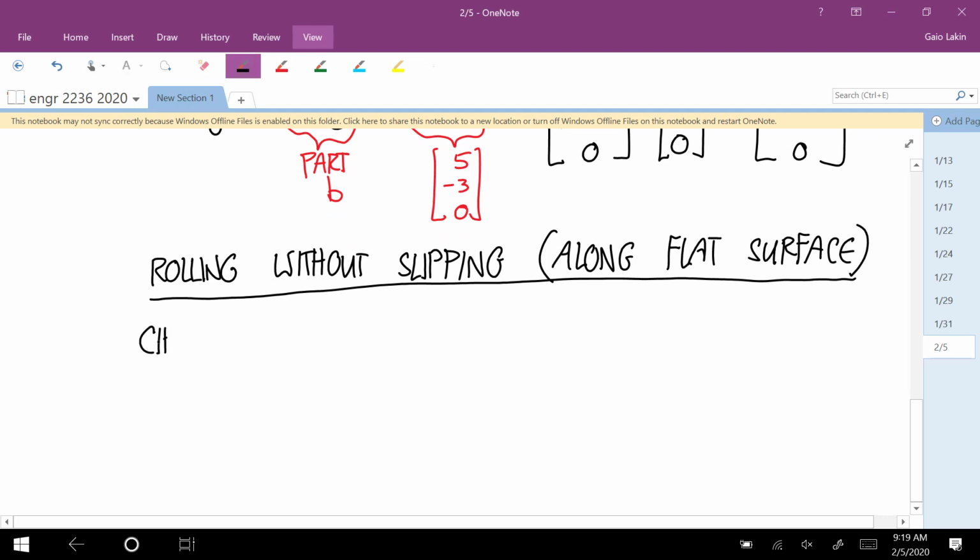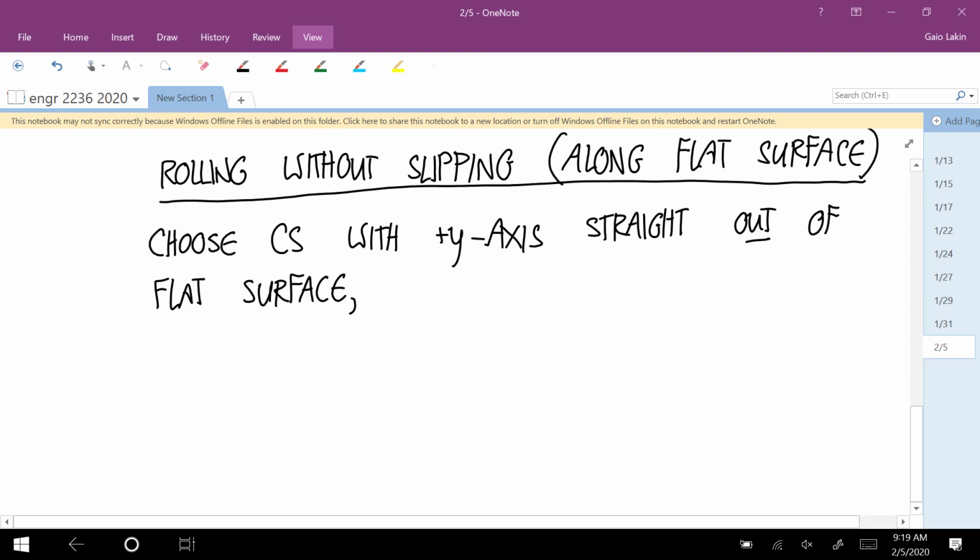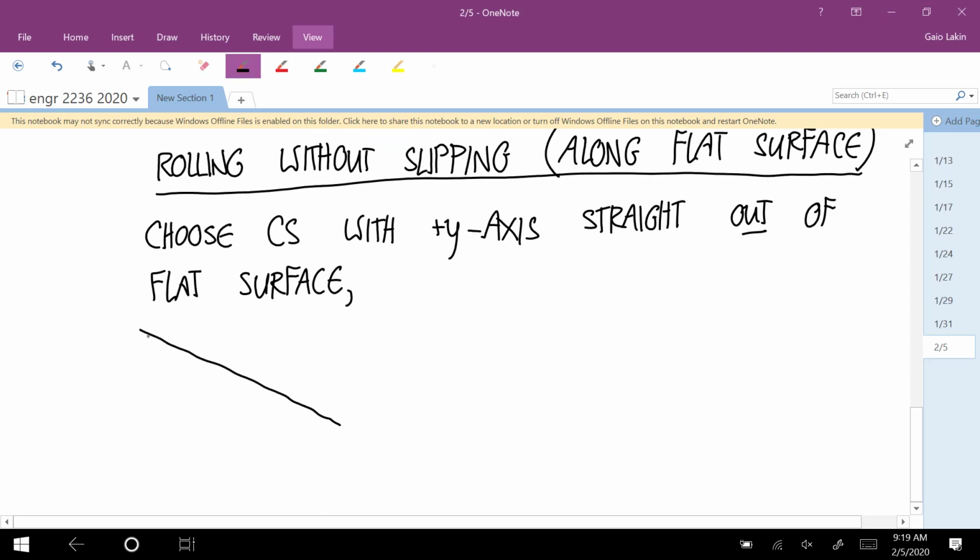And if you choose a coordinate system with the positive y-axis straight out of the surface, so we're talking about like an incline, there's the center.